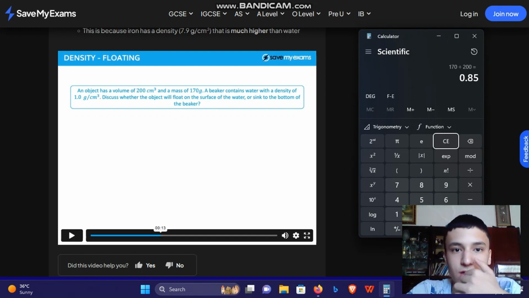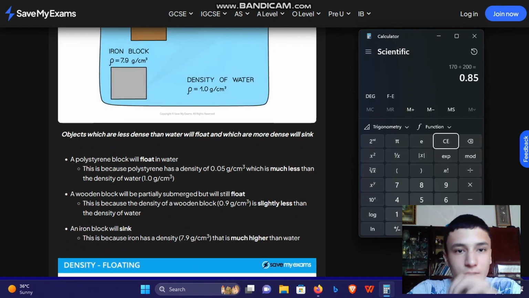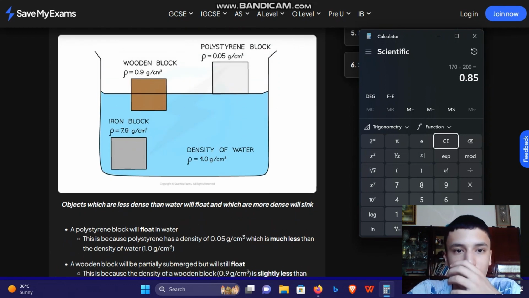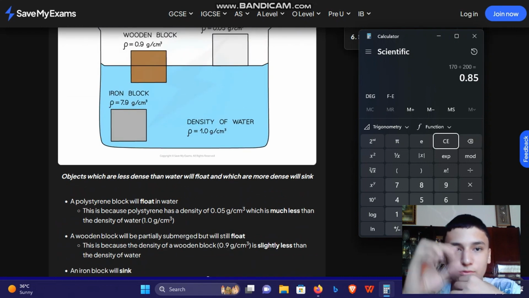So what does it mean? It won't sink. It will float, but it will not float like the polystyrene block. It will float like the wooden block, because they have nearly the same density, and the water's density would be much higher.